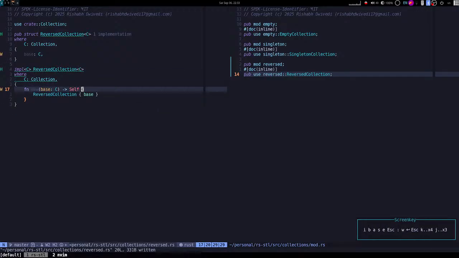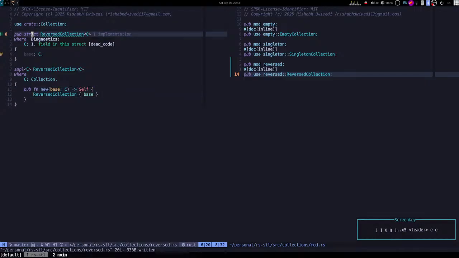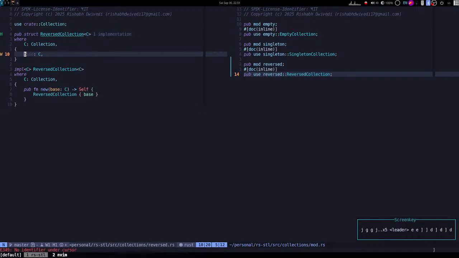So this should be the one for ReversedCollection, right? And what's the problem? I think it's saying the field in this struct is not being used, so that's fine.